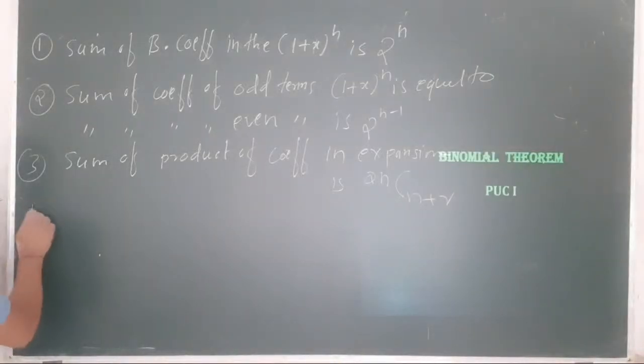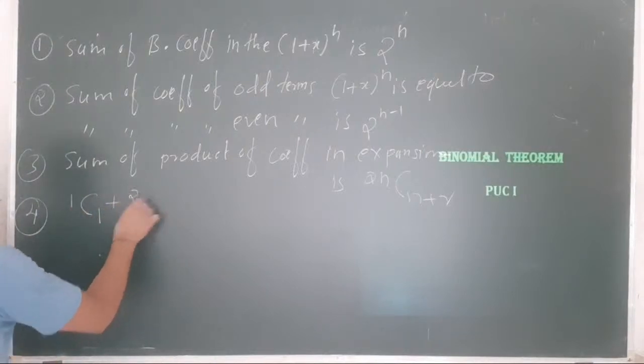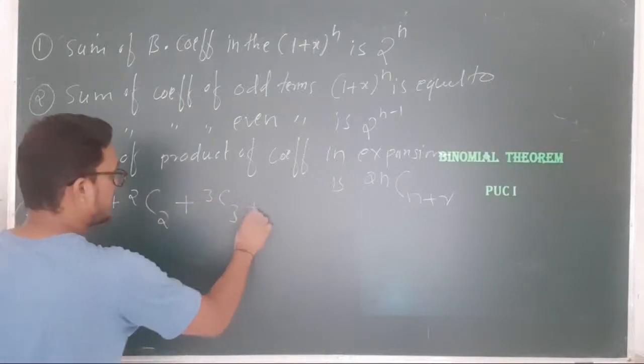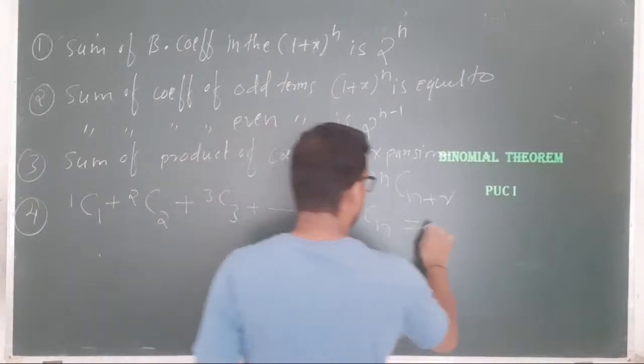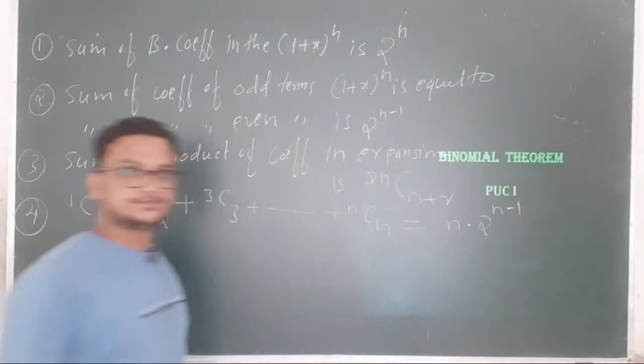Okay. Fourth property, 1c1 plus 2c2 plus 3c3 plus so on plus ncn will be written as n into 2 to the power n minus 1.